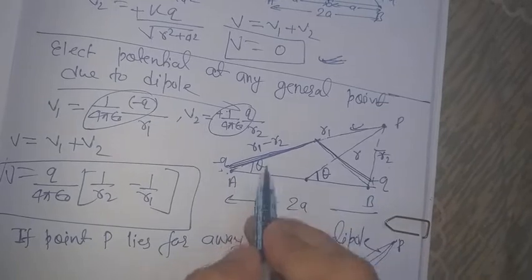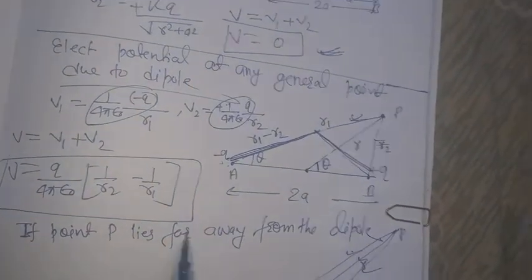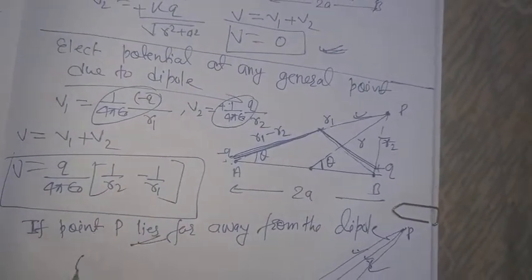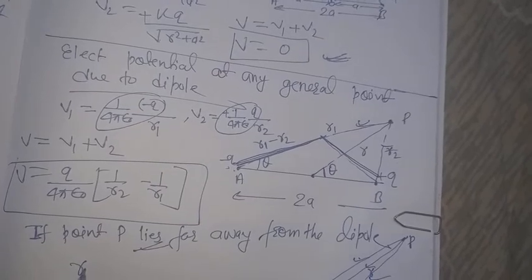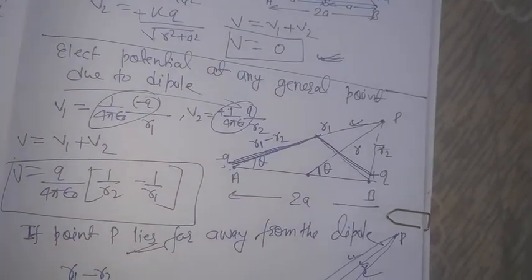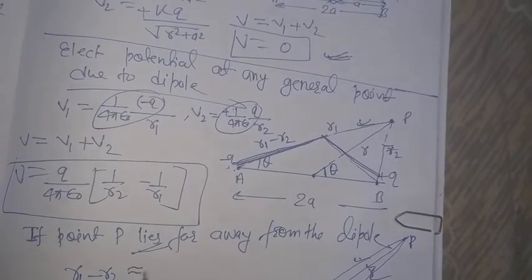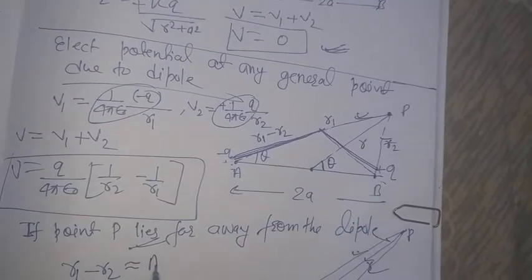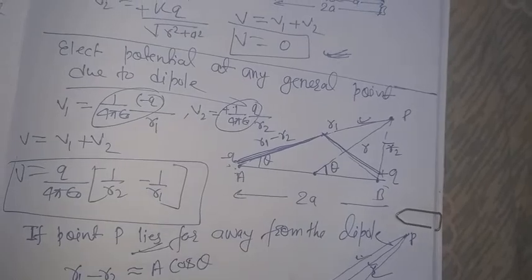So this is AB. Can we say that for this condition r1 minus r2 is about AB cos theta? Why?